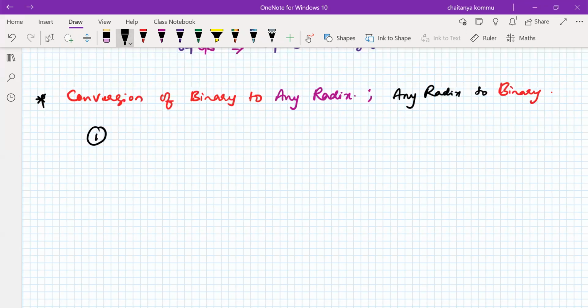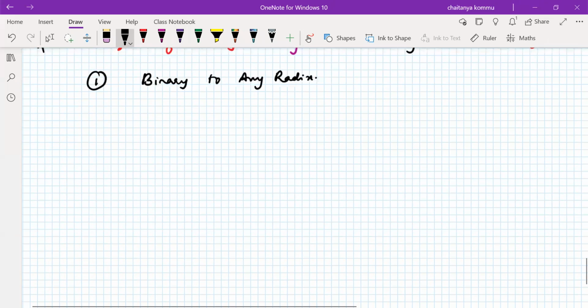So conversion from binary to any radix. See here, for example, 10101 is there. I want to do it for radix 4. Decimally I don't have any problem, just multiply with weights.